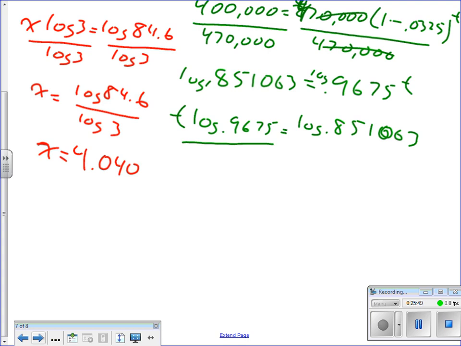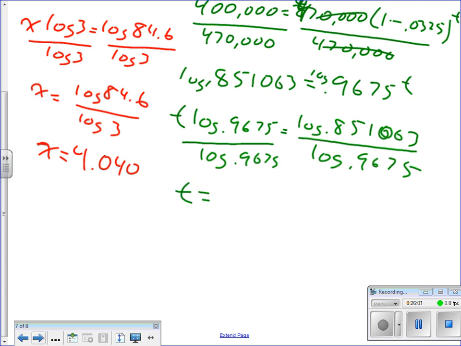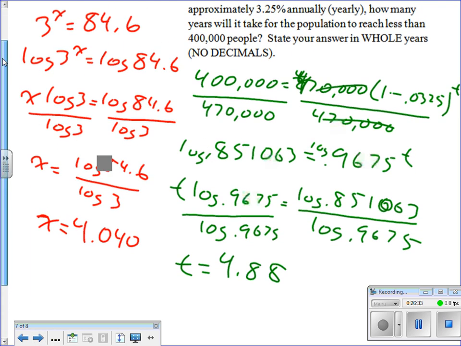Divide both sides by the log of 0.9675, and I get t equals 4.88. But go back to the original question.